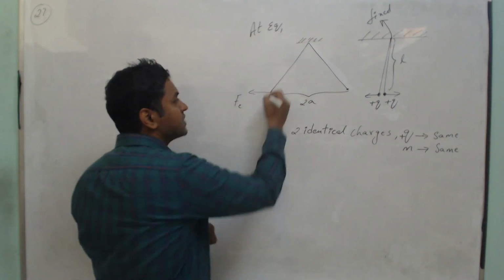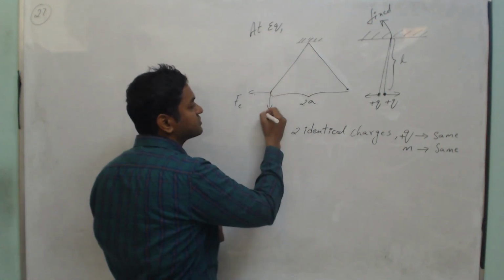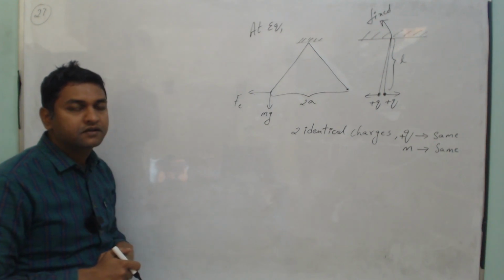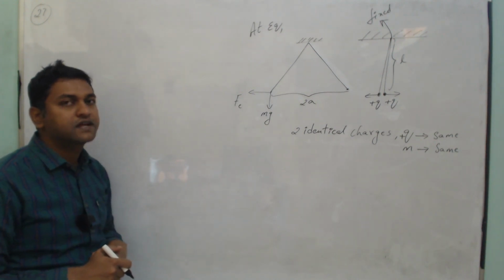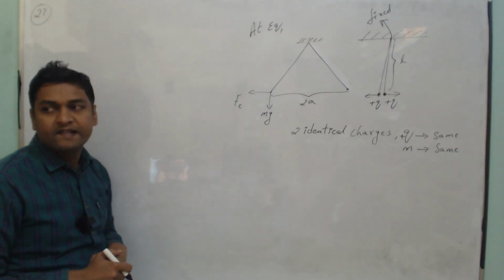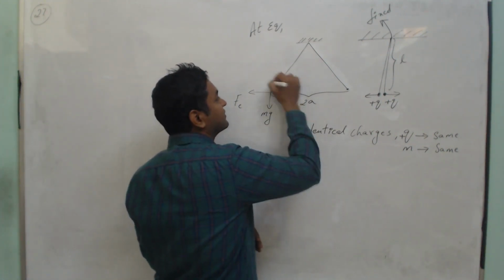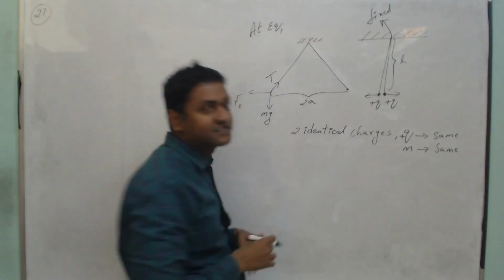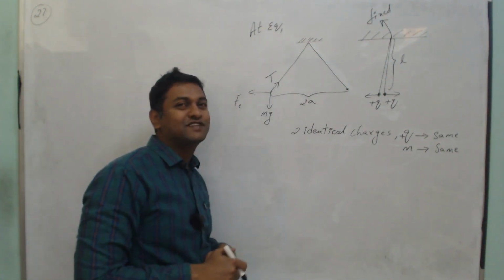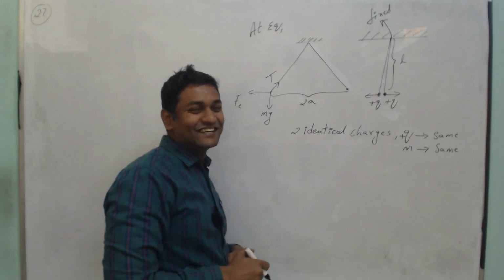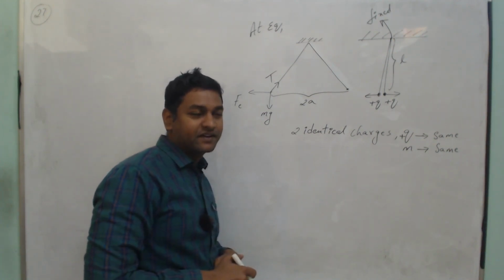Another is gravitational force, correct? Is there any other force acting on it? Centripetal. Just because I know English doesn't mean I should be using it randomly, right? Tension force, right?